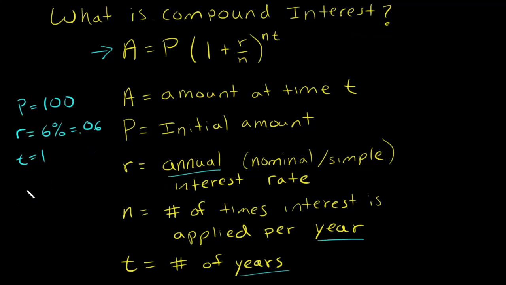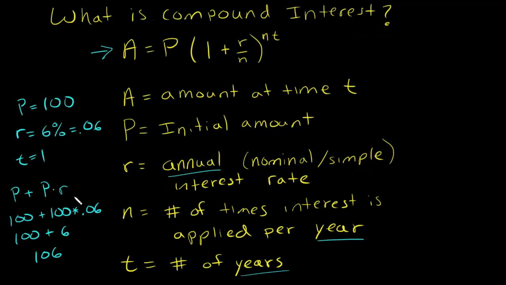Or in other words, I would have my initial principal plus my principal times that interest rate. So 100 plus 100 times 0.06, which is 100 plus $6, $106. And this is the simple interest example.